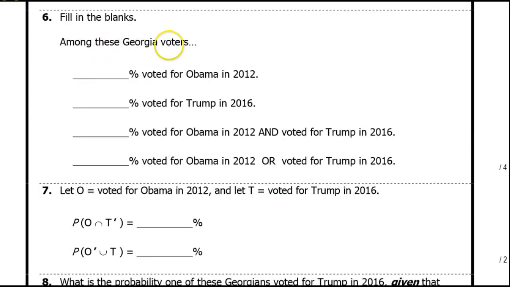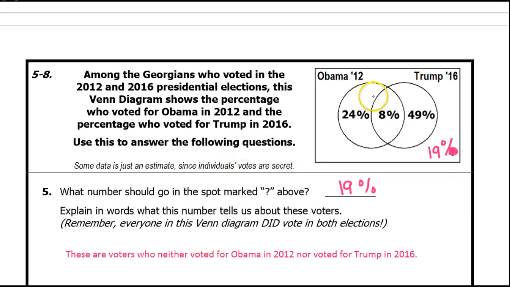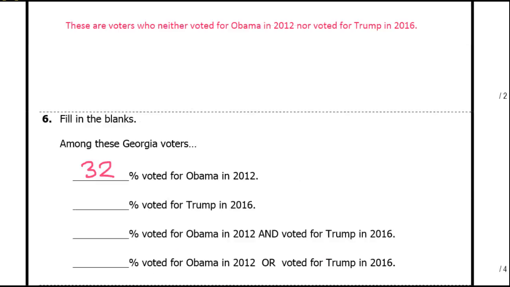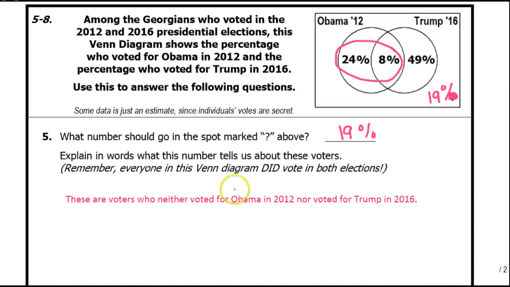Okay, so among Georgia voters, what percent voted for Obama in 2012? Let's see. These are the voters that voted for Obama in 2012, so that's going to be 32%. What percent voted for Trump in 2016?